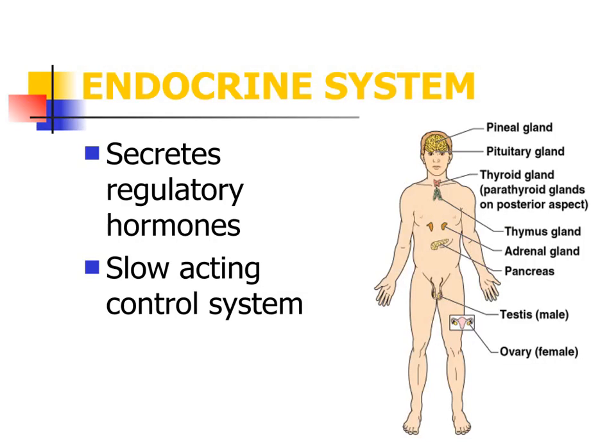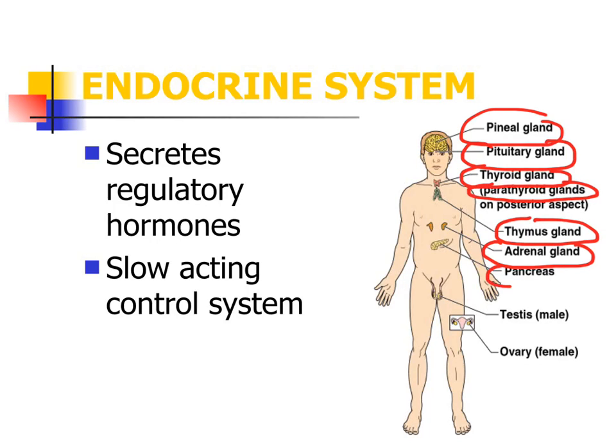So we have the pineal gland, the pituitary gland, the thyroid gland, the parathyroid gland, the thymus gland, the adrenal gland, the pancreas, the testes (testis is singular, testes is plural), and the ovaries.